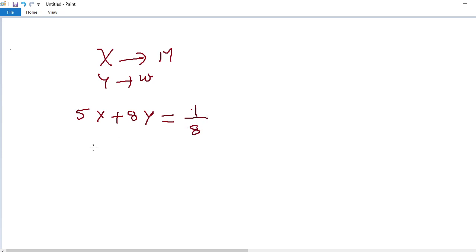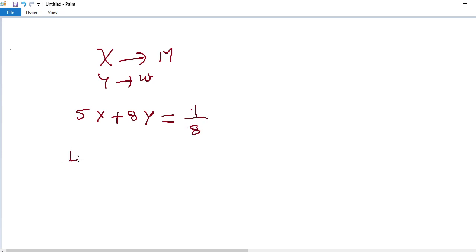So here assume x is equal to man and y is equal to woman. 5 men and 8 women complete the work in 8 days. So one day work is 1 by 8.